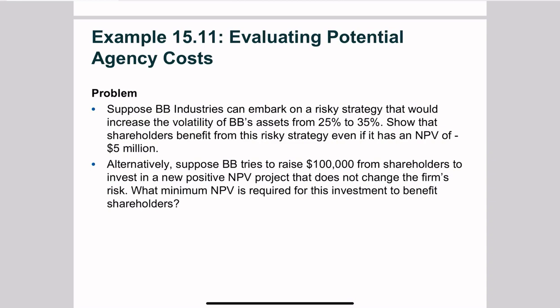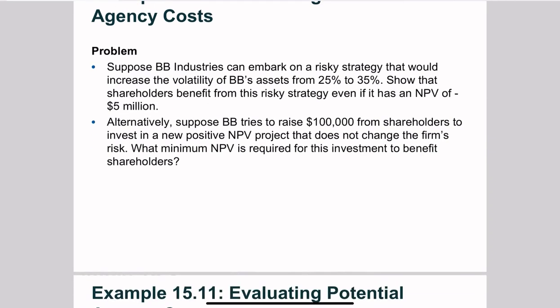Show that shareholders benefit from this risky strategy even if it has a negative NPV of minus $5 million. Alternatively, suppose BB tries to raise $100,000 from shareholders to invest in a new positive NPV project, which does not change the firm's risk. What minimum NPV is required for this investment to benefit shareholders?